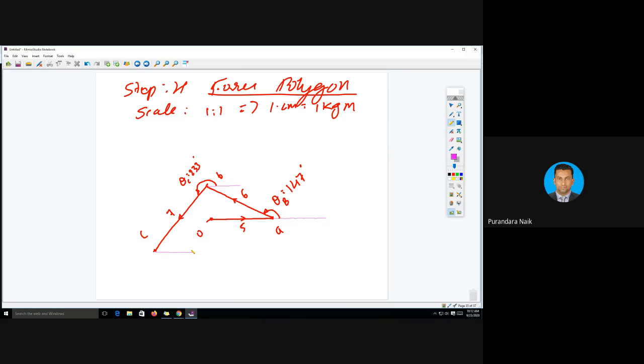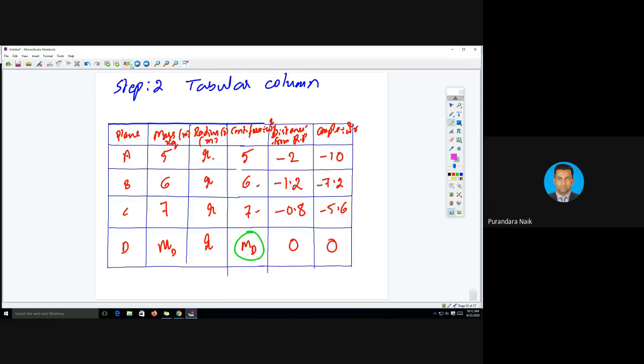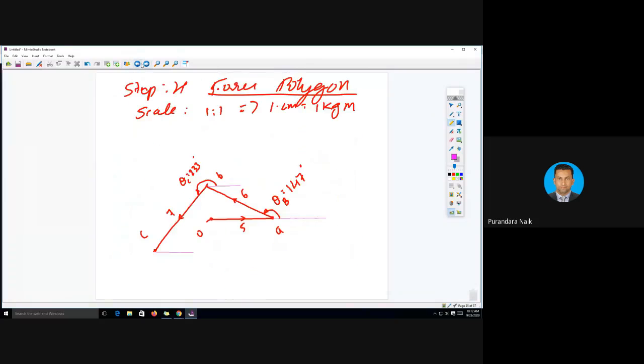Next, the last edge is remaining, that is unknown, MD, and the polygon is not closed. Join this with a dotted line. That line indicates the unknown edge.